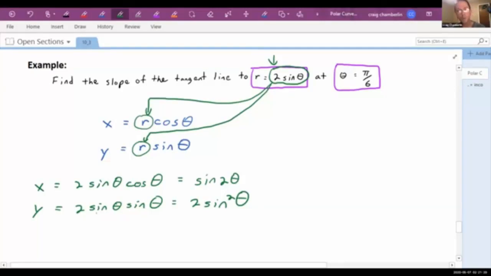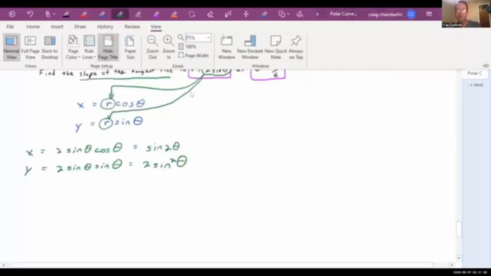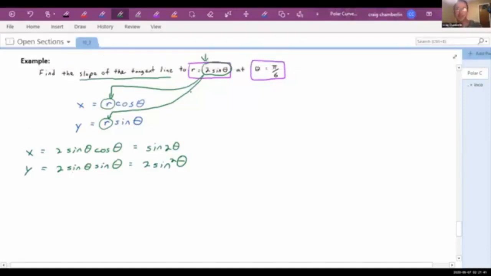Now think about what we want to do. We want to find the slope of the tangent line. What gives us the slope of the tangent line? You guys know this. I know you know it. You're just being shy.